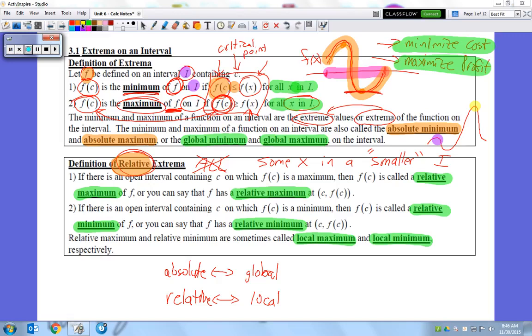So let's say that I was only analyzing, and this is my x-axis, this interval right here, then what is in purple would be not only a relative maximum, but it would also be the absolute maximum in that interval from A to B.